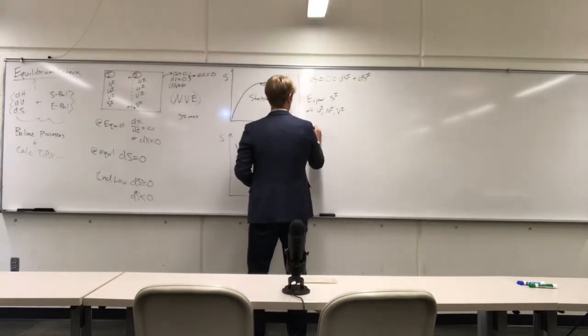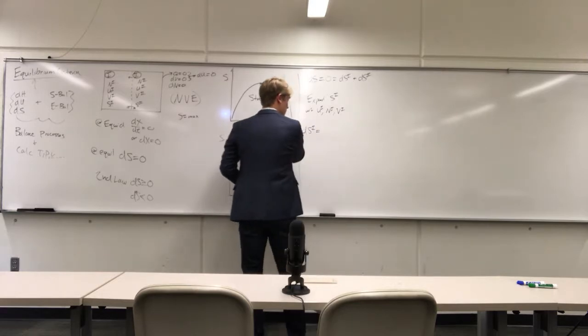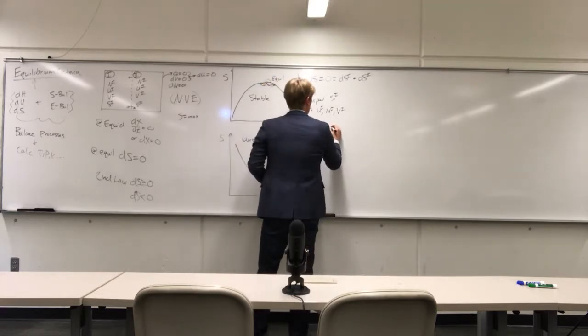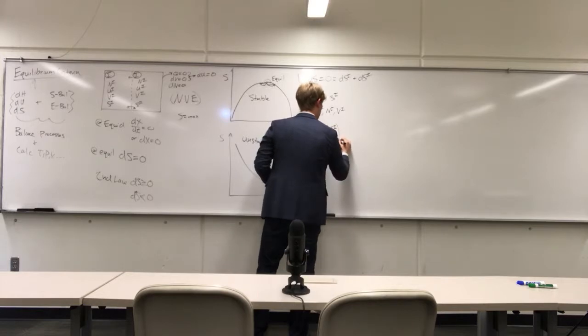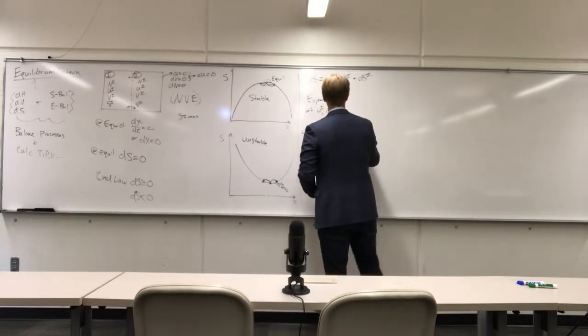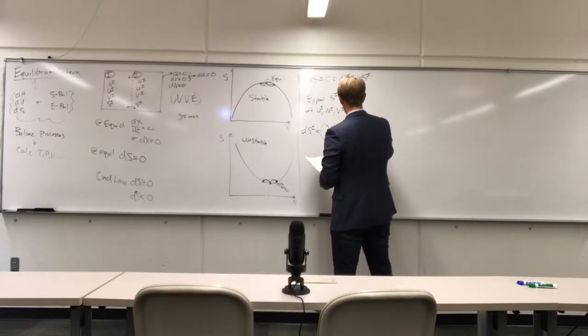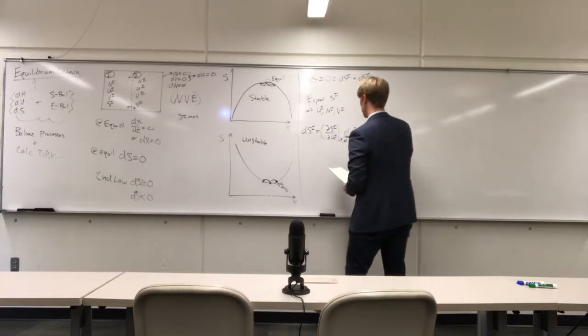So this is going to be exactly what we did for all of our other derivations. Change in entropy of side 1 with respect to changes in internal energy of side 1 at constant volume of side 1 at constant n of side 1. And that will be u1 plus.